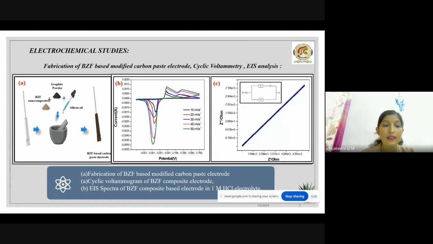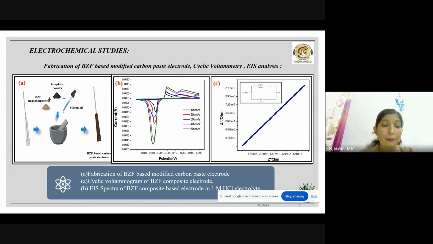This results in the development of carbon paste. That paste was filled in a Teflon tube with a 3 diameter, where a polished copper wire is inserted inside the carbon paste electrode as a holder, as shown in the figure.